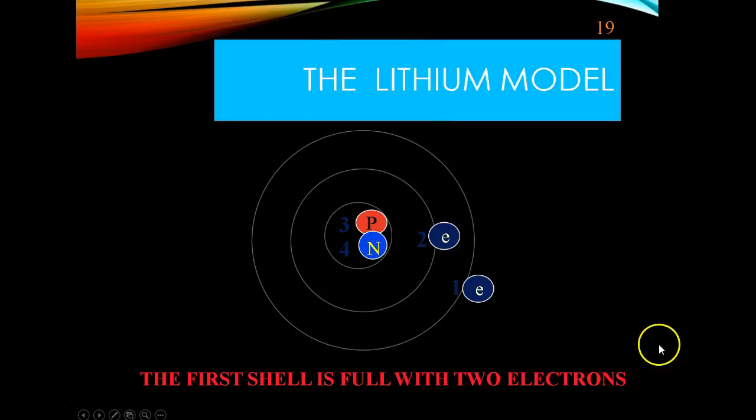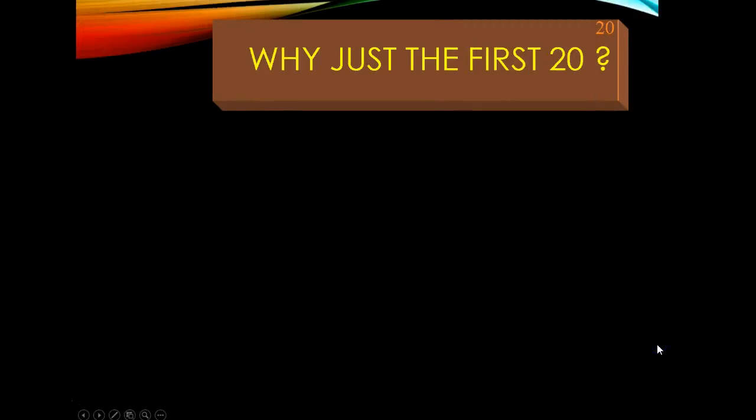Alright, so we will stop. No, let's go ahead and do this. Why just the first 20? The reason being is that for the test, you're going to have to know the first 20. And if you're looking at your periodic chart, you'll see that the first 20 are basically common atoms.